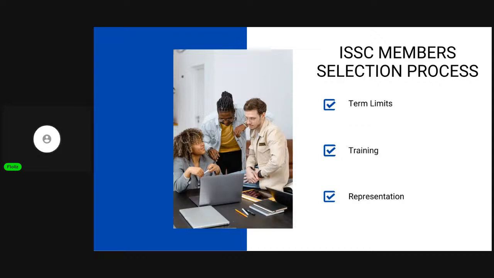Then, in terms of training, it is good that upon nomination, the OFI send members for training so they can understand their job role, they can understand information security, and they can bring this experience when they have their meetings.